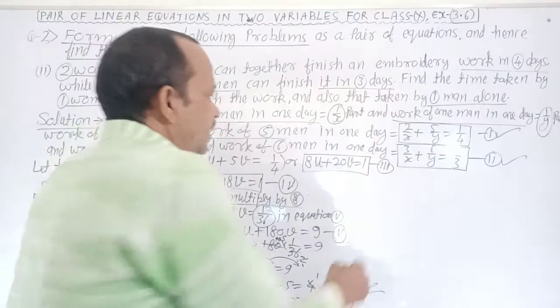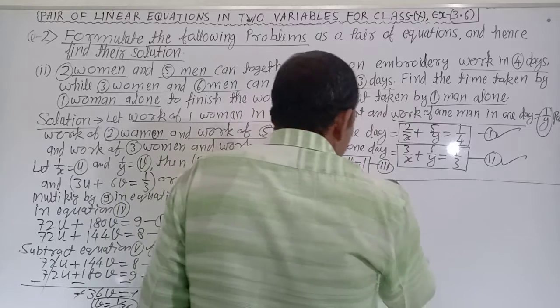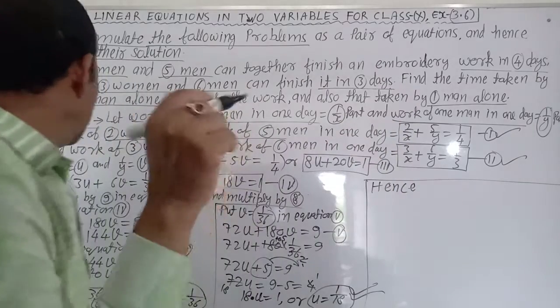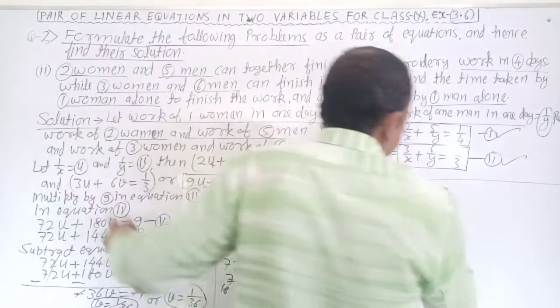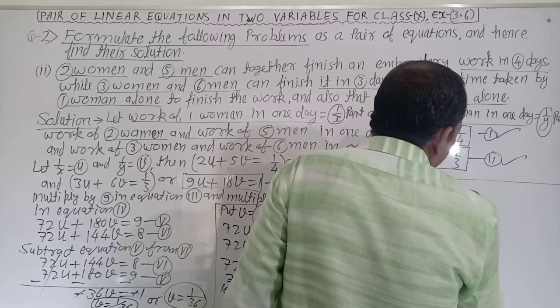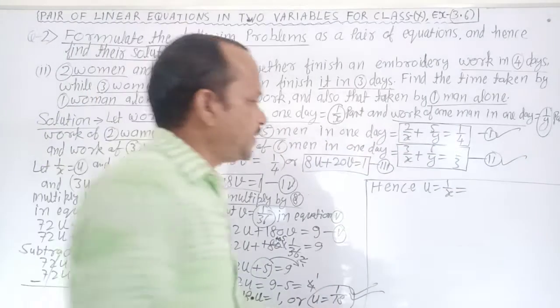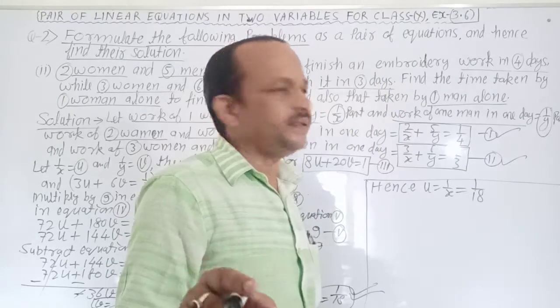Very good. Hence, here you let 1 by x equal to u. So you write u equal to 1 by x equal to 1 by 18.